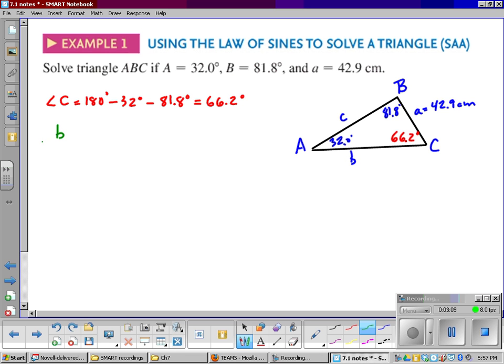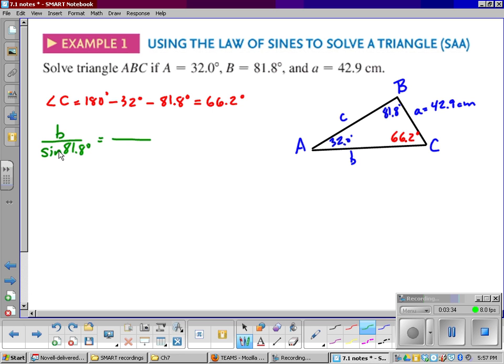And here's another tip for you. If you put the unknown in the numerator, and especially in the numerator of the left side of your proportion, then it's much easier to solve. So I'm going to put B is to, remember it's sine of the same letter, so sine 81.8 degrees is equal to, and then I need two pieces of information that are given.